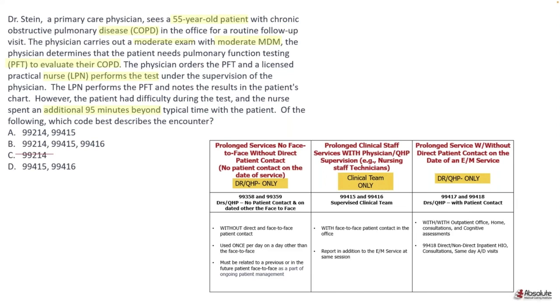And I'm pretty sure she's entitled to prolonged services. So the guideline says that her or his services are reported in addition to the doctor's, right? So C is not even coding for hers, and therefore we can eliminate C. We can also eliminate something else, right? Look at D. Yeah, we can eliminate that too. Those are add-on codes.